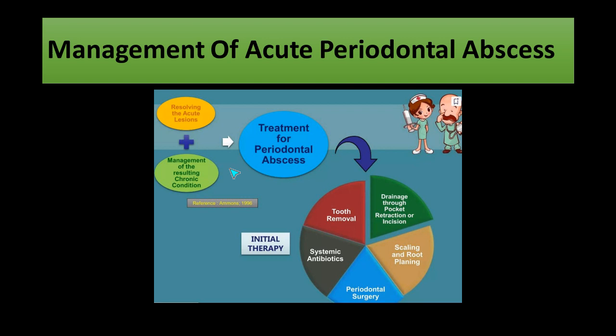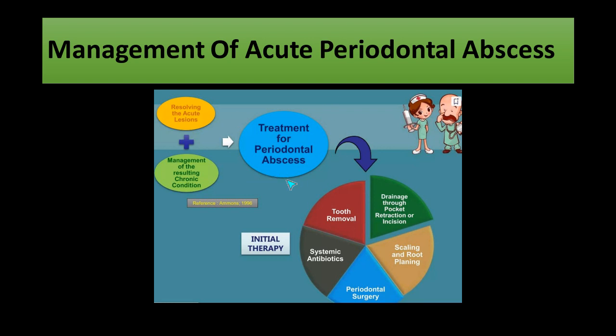Our goal for the management of this abscess is immediate treatment, incision and drainage, and then put the patient on a maintenance phase and check whether this acute phase becomes chronic, and then it could again reoccur as an acute exacerbation of the chronic condition. So we need to treat the acute lesion and we need to monitor the patient for the resulting chronic condition which the patient could have. This is the main goal for the treatment of periodontal abscess.